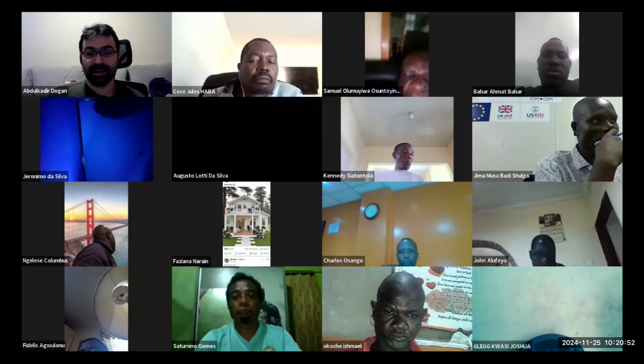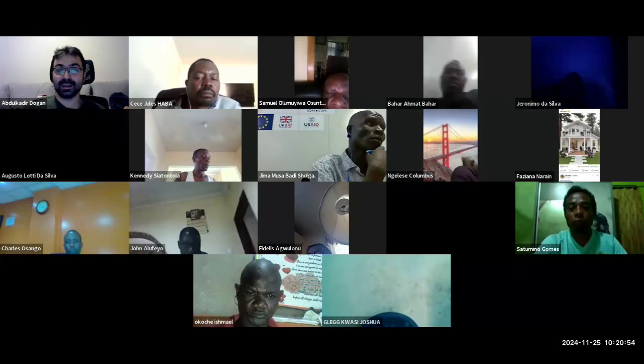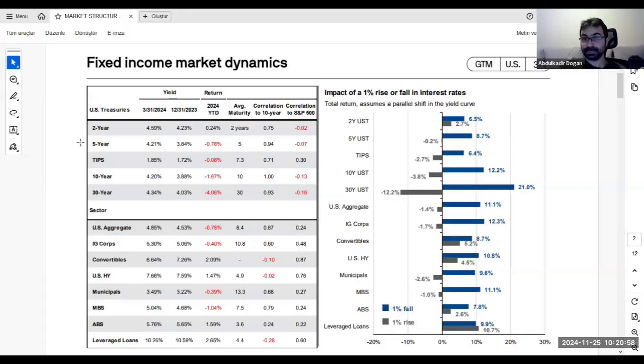If you understand the concept behind the yield curve, the 2 year is approximately 4.60, but the 10 year is 4.20. The time to maturity is higher, but the yield is lower.